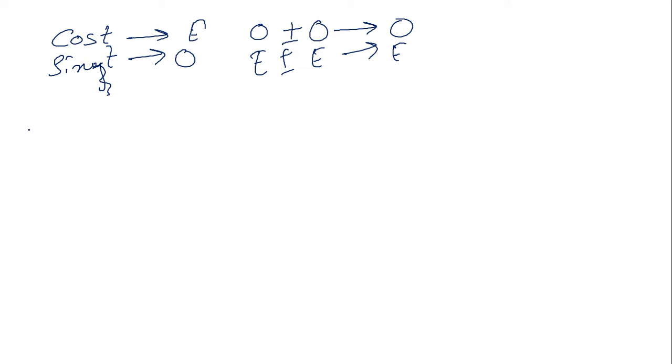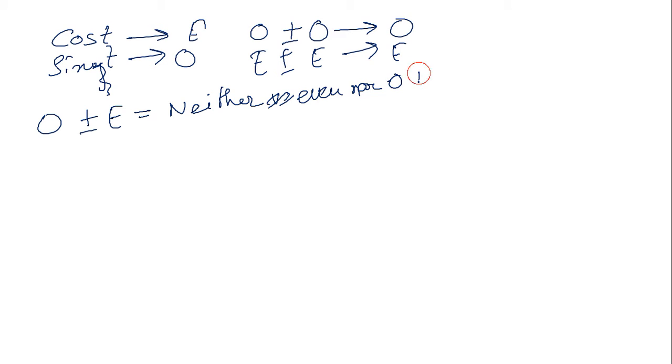If one of the signals is odd and one is even, the combination is neither even nor odd.